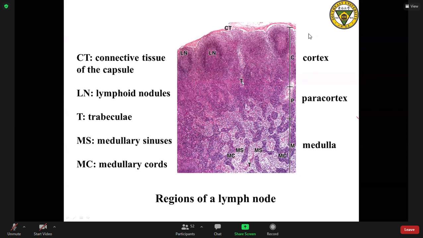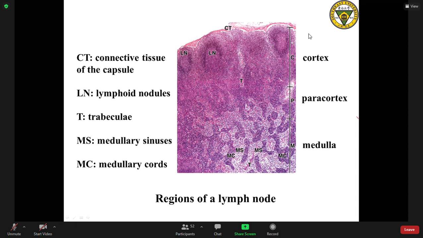The connective tissue from the capsule can enter the cortex. Here is the cortex. In the lymph node, you can see the paracortex. Can you see the difference between the cortex and the paracortex?